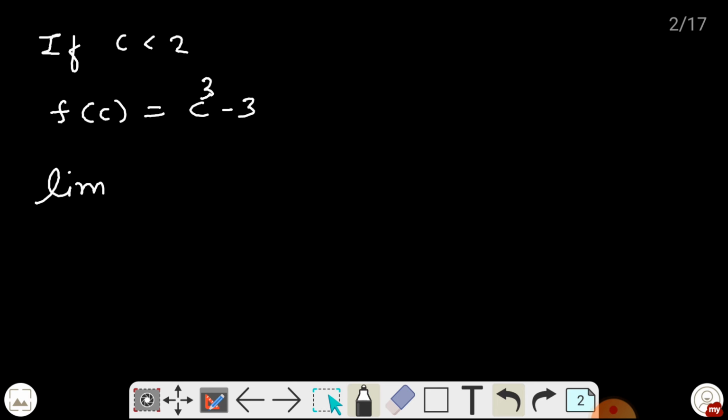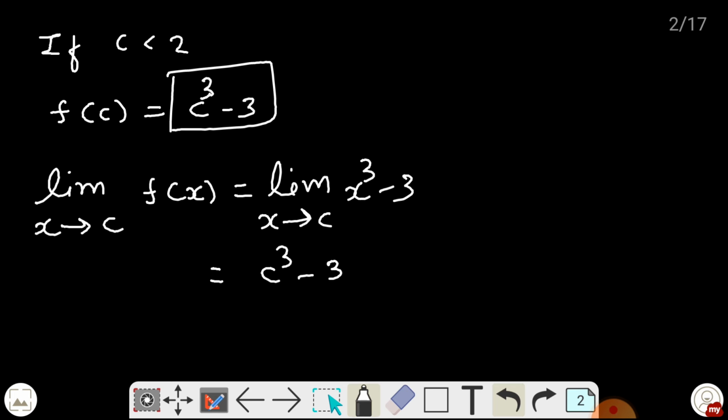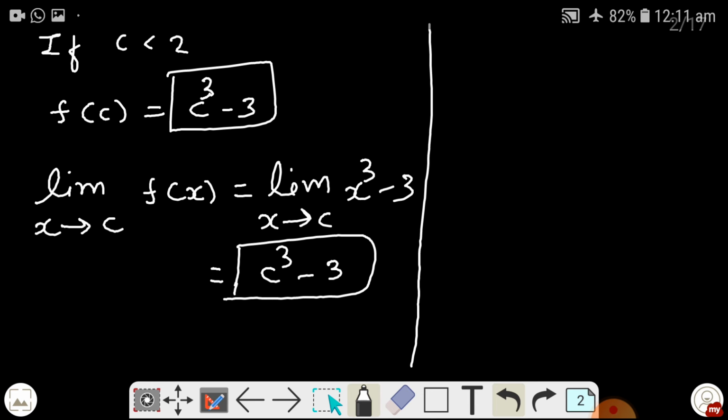So limit x tends to c f of x is equal to limit x tends to c x cube minus 3, which is equal to c cube minus 3. That means our f of c is equal to our limit x tends to c.